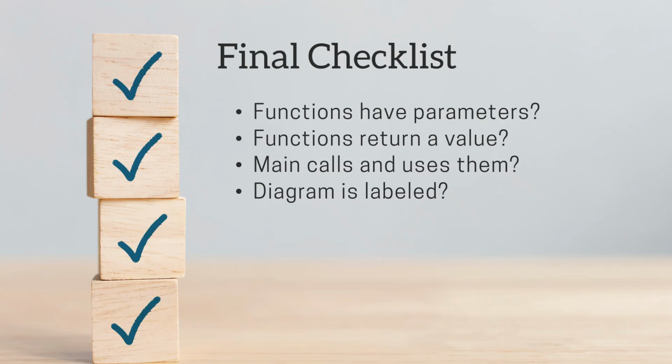Make sure that you use that return keyword. And does main call and use those values? Once the value is returned, it should go back to main, just as in the examples that I showed you. And then ask yourself, did I draw and label the data flow diagram?